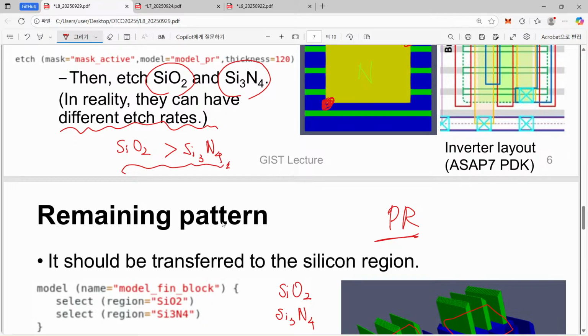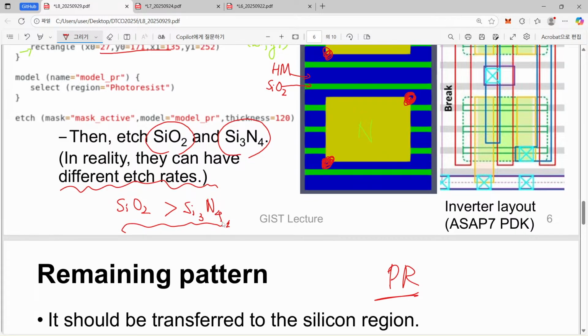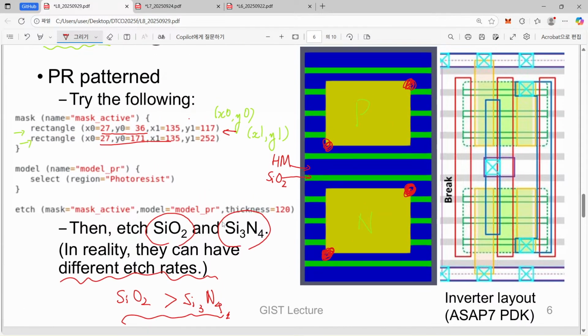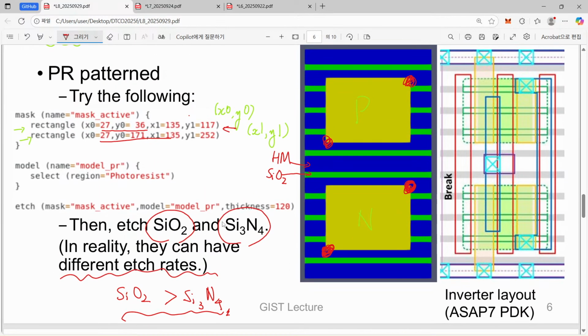So then please think about what will happen. When we start this etching, on top of this active layer there is PR. It may or may not be damaged by this etchant, but we don't care because it is thick enough and we can sacrifice it. And now we have two different parts, hard mask and silicon dioxide.